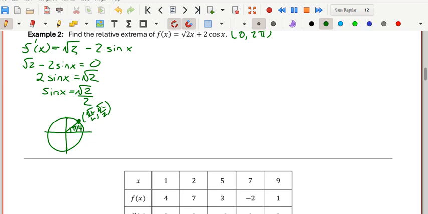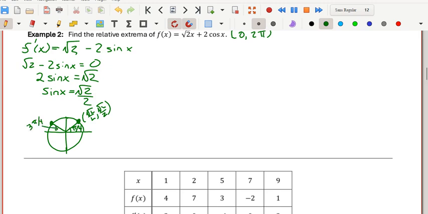And sine is my x or my y? My y. So what other quadrant is going to have a positive sine value? Second quadrant, right? And what's the angle measurement? 3 pi over 4. You're 1 pi over 4 here, and you're 1 pi over 4 short of a full pi here, so 3 pi over 4.